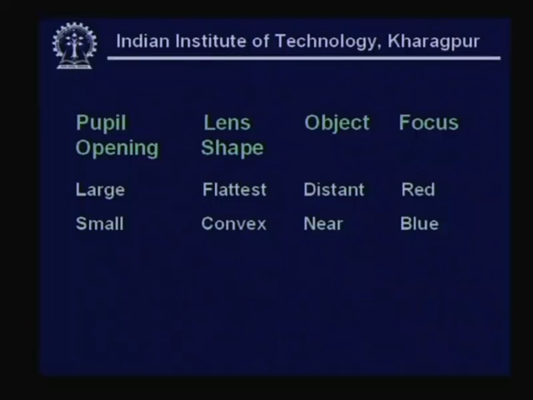On the other hand, when the opening is very small, the lens becomes highly convex and it is focused. In fact, you remember when you are trying to see an object under a microscope, you tend to do that. You close your eyelids just as I am doing here, and it becomes easy to focus on blue, because blue has the shortest wavelength and the images are formed right on the retina.